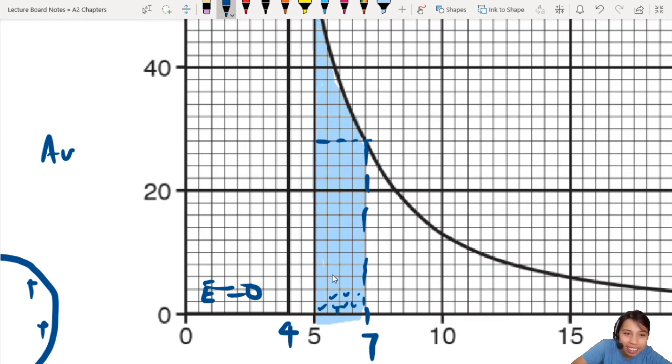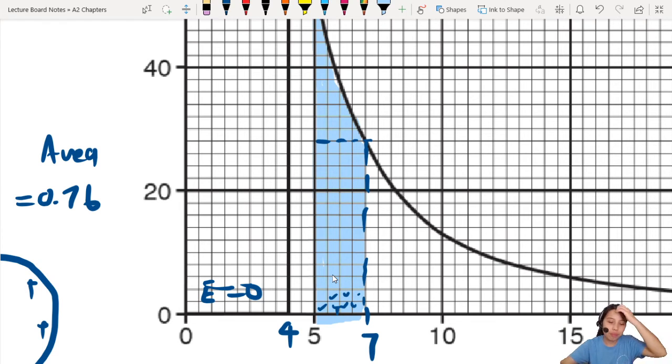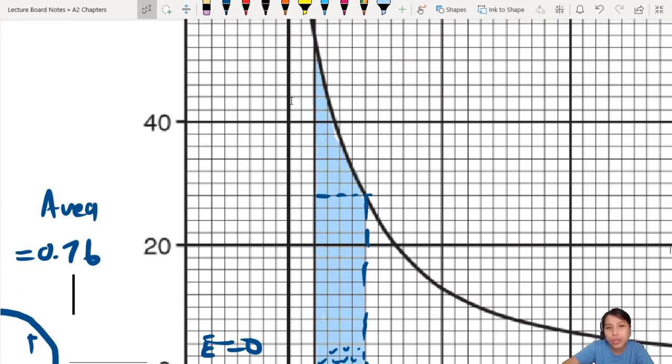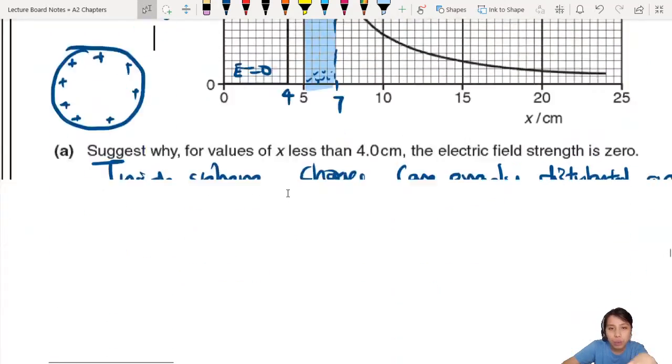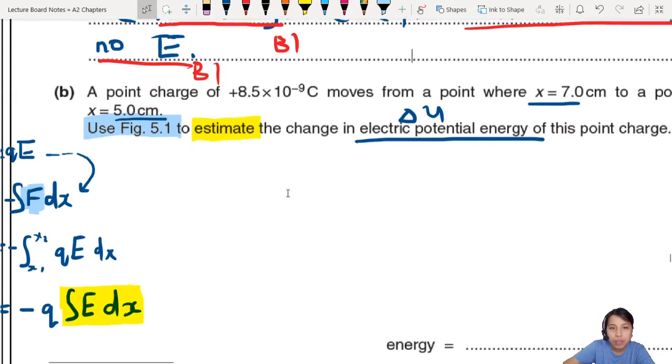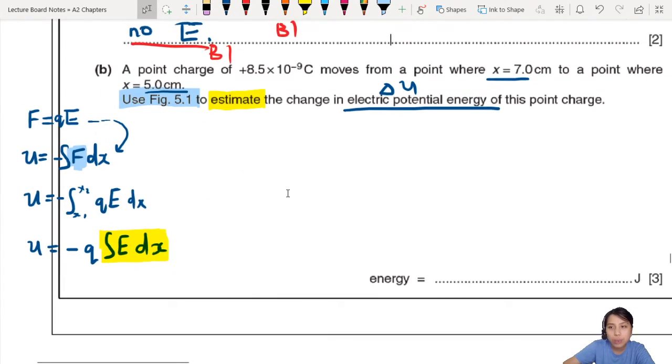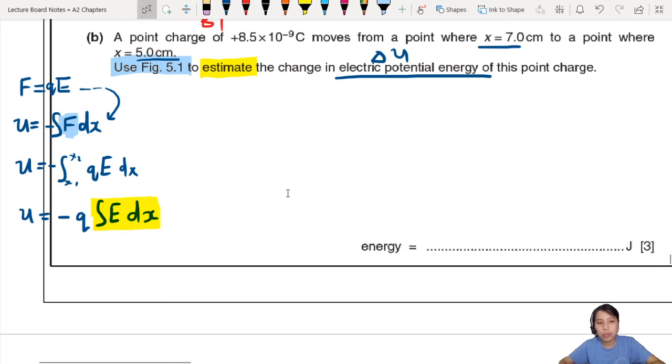So my area is 0.76. Yours will be a little bit different. That's okay, this one has a range of answers. However you want, you estimate the area of this shaded region. That will be what you use in your calculation down there. So I got 0.76. What did you get?